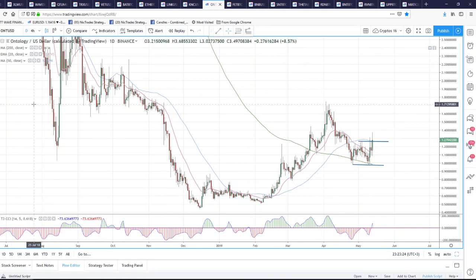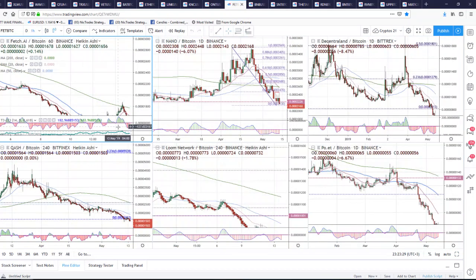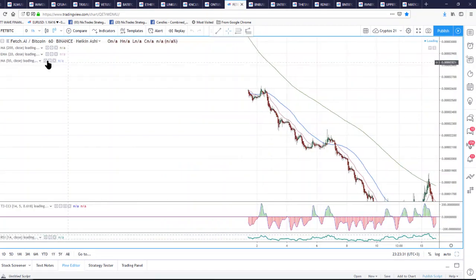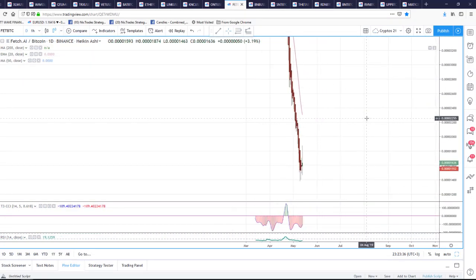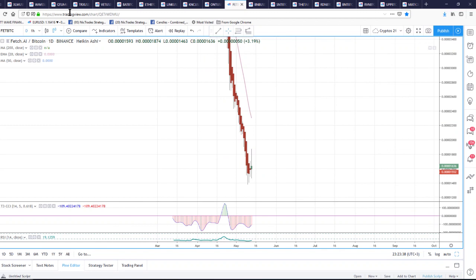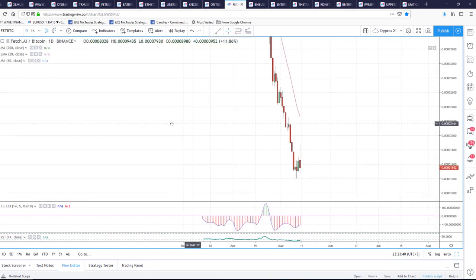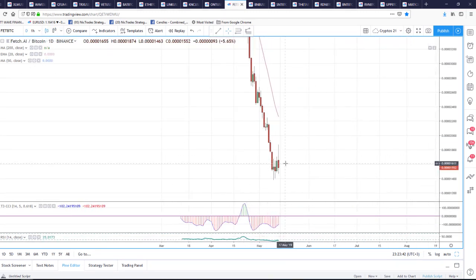So the next one is FET Fetch. Daily chart. Now, looky here. So a little bit of a bounce, not quite the death dive that everything else has been in.